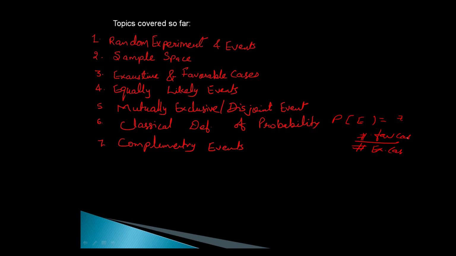There are definitely a few more definitions of probability, which are the empirical definition and the axiomatic definition of probability. And I will take you to those definitions later in this course, because in many real life situations this classical definition of probability is not a suitable definition. But we will talk about those things later.